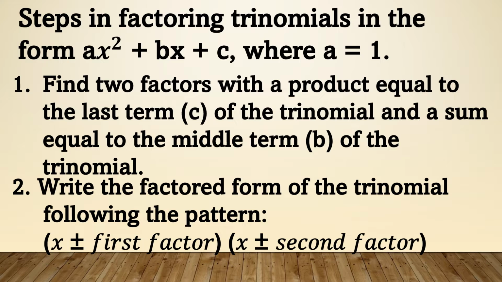Second step, write the factored form of the trinomial following the pattern quantity of x plus first factor times quantity of x plus the second factor. Similarly, we have quantity of x minus first factor times the quantity of x minus the second factor.